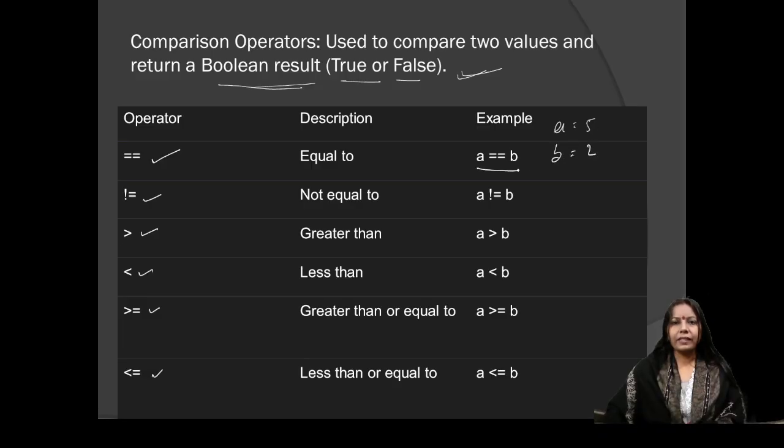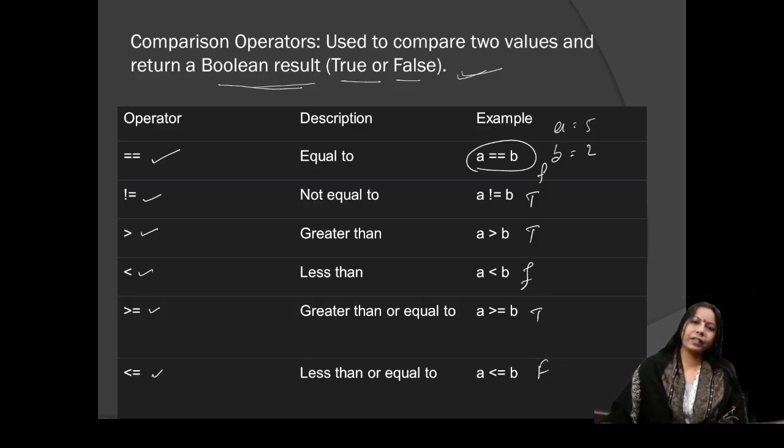In this case, when you apply a equal to b, this will provide false as the result. This provides true, this provides true, this provides false, this provides true, and this provides a false result.